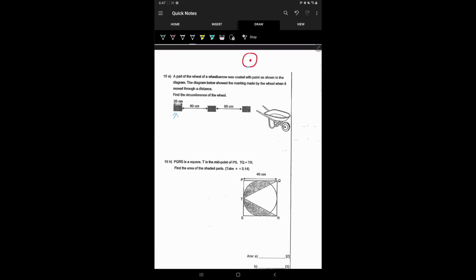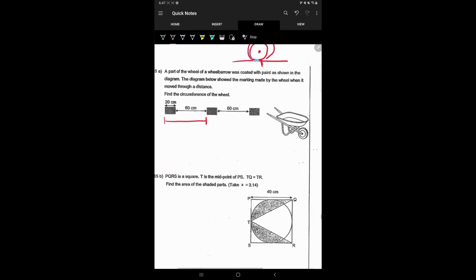So this portion right here is basically the point where the painted area contacts with the ground. So the circumference of this entire wheel will be basically this whole rotation up until this point. So it's this all the way to this. So the circumference is basically 20 plus 60 and it's equals to 80.